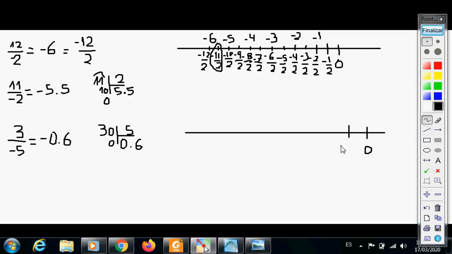This time I'll start counting like minus 1/5, menos 1/5, minus 2/5, minus 3/5, and here it is minus 3/5 or minus 0.6.